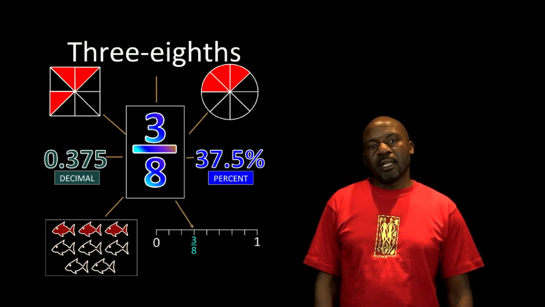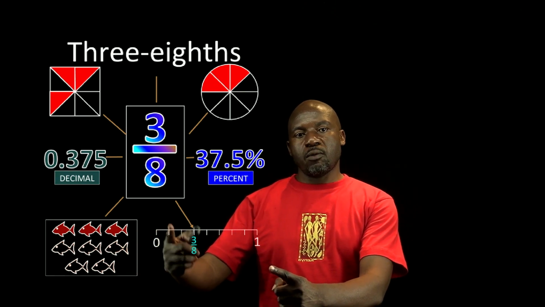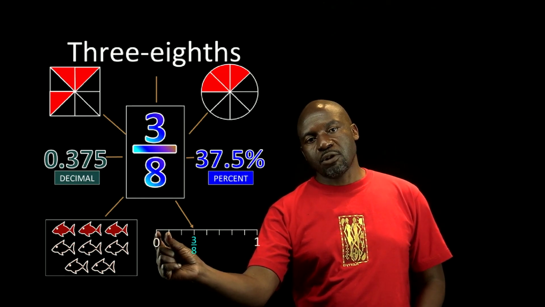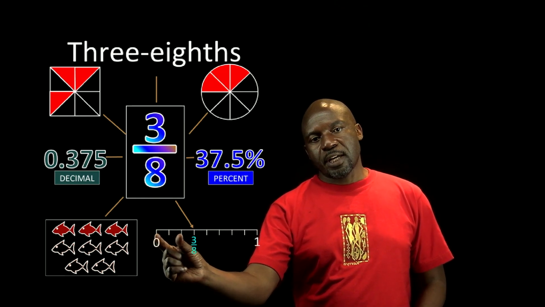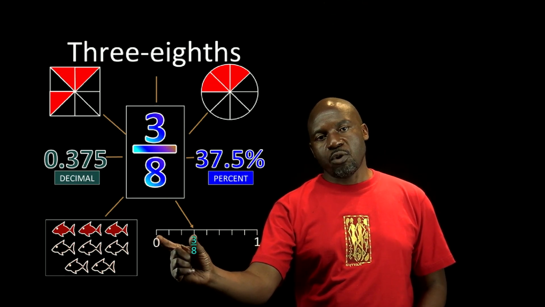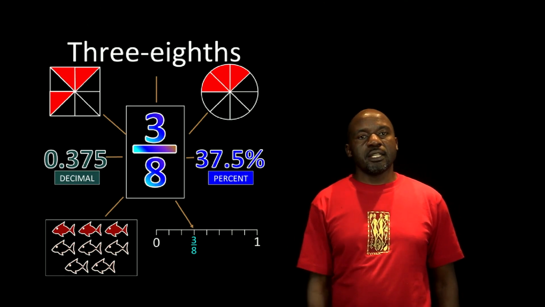So a number line 0 up to 1 that has been split up into 8 equal parts, so that this part here would be 1 part out of 8. From there to that point is 2 parts on 8, and from 0 to that point there would be 3 parts out of 8. So this is another way of representing the same fraction, right?